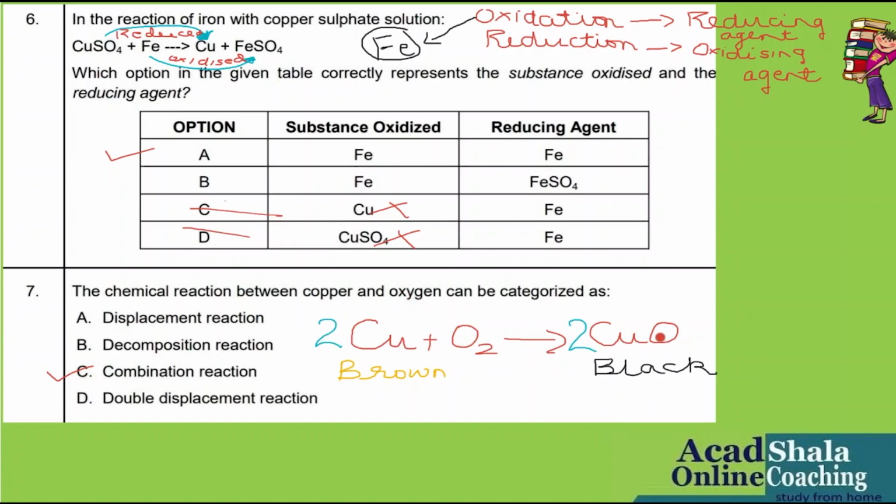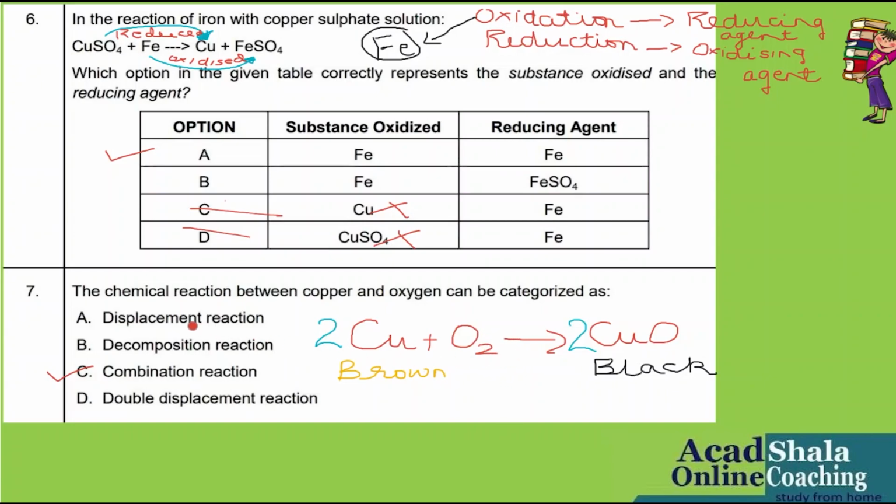I was aware about it, so I wrote it. I was also aware about the colors, so I will write the colors too. No matter they have not asked, but I know the colors, so I will write them. Copper brown and copper oxide black. I have balanced it also, but they have not asked about balancing, so there is no need to balance, it will work. Or if you want to balance, do it, for a complete answer.